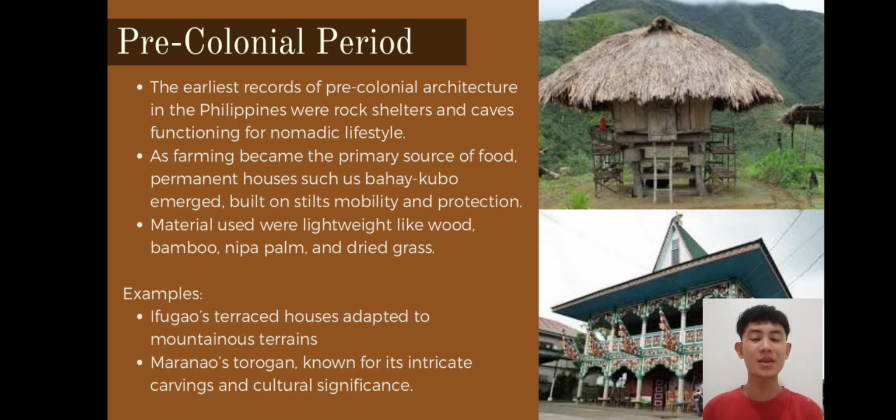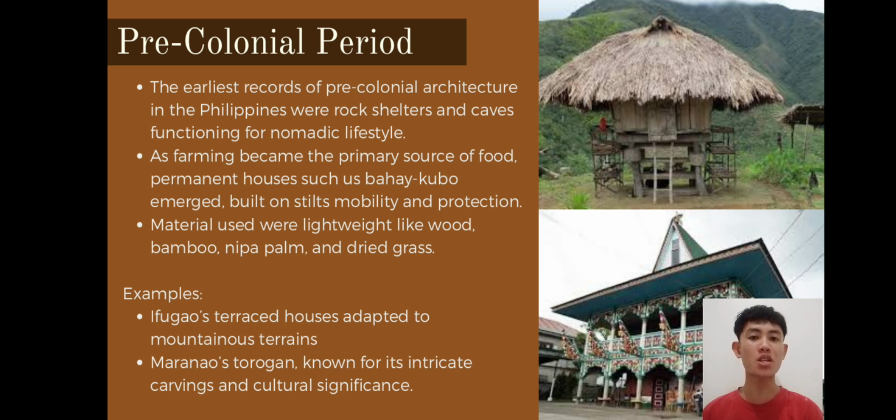Let us begin with the pre-colonial period, a time before foreign influence shaped our society. The architecture during this era was heavily influenced by nature and the practical needs of our ancestors. The earliest examples of architecture in this period were rock shelters and caves.